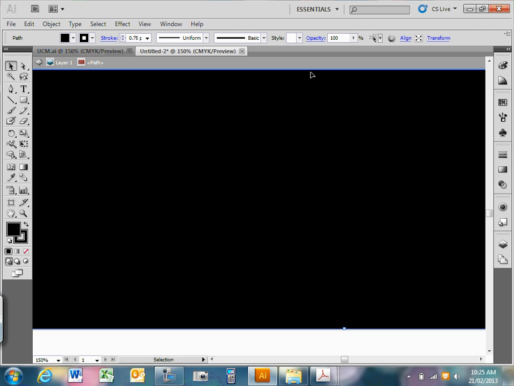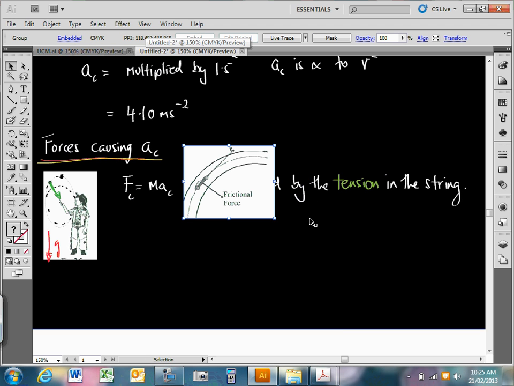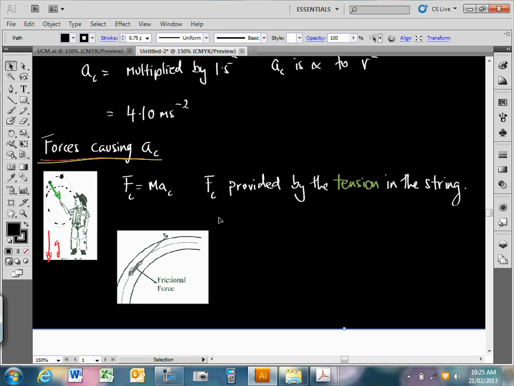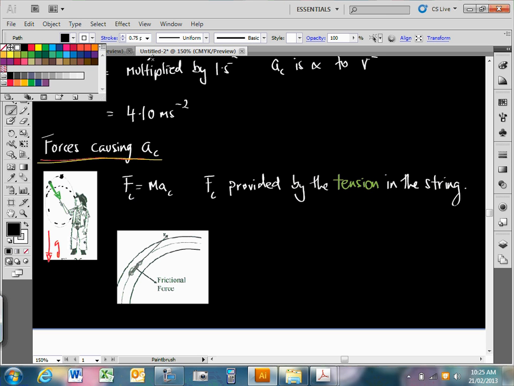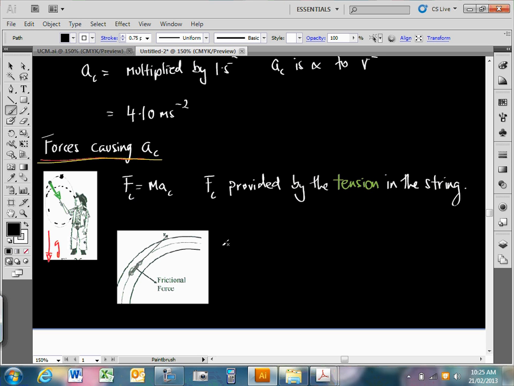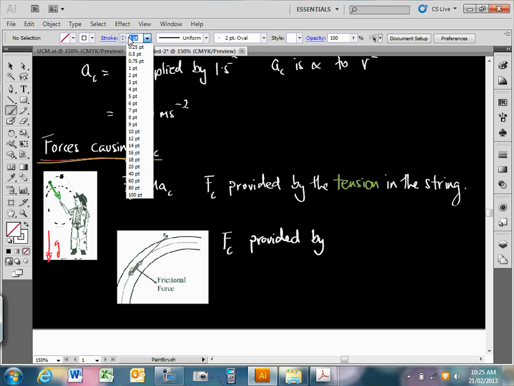Sometimes this program goes a bit haywire for some reason. Frictional force. Centripetal force, provided by friction.